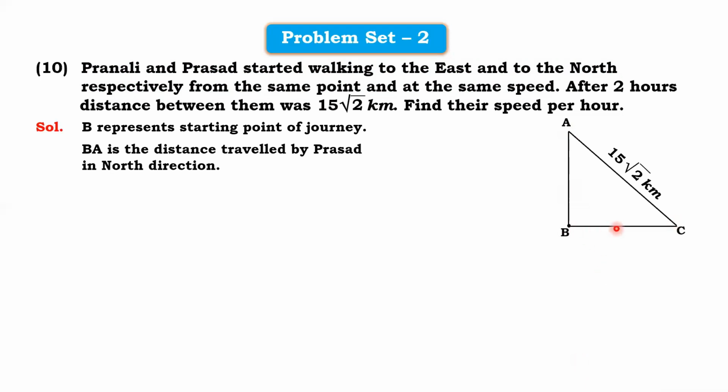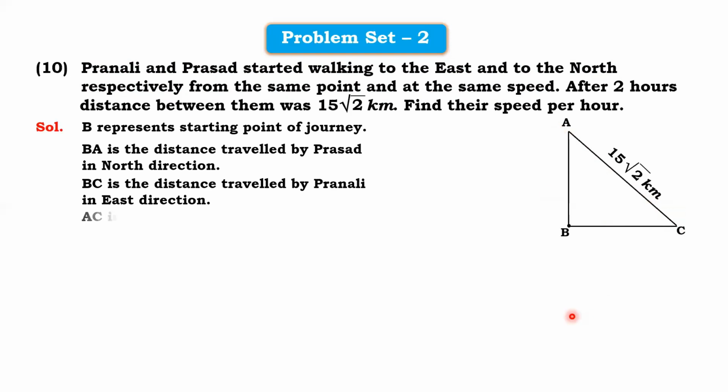Yes, BC is representing distance traveled by Pranali in east direction. Apart from BA and BC, what is AC representing? AC is representing the distance between the 2 after 2 hours. Right? After 2 hours, A and C represents the distance between Prasad and Pranali.